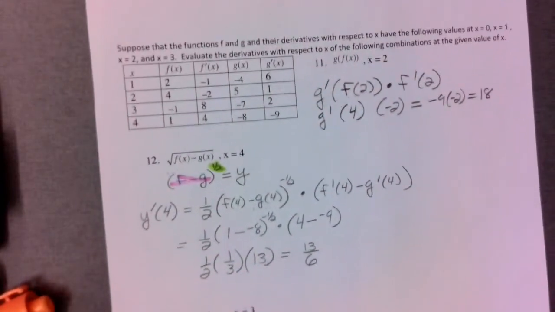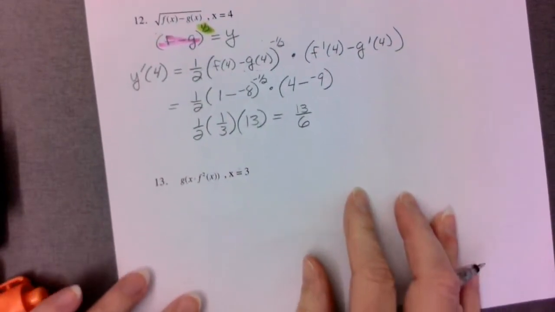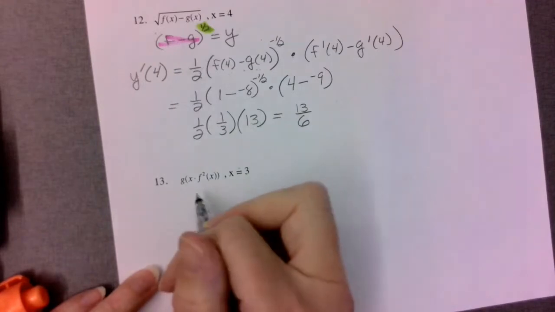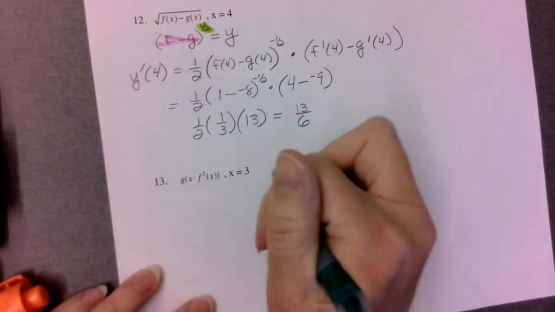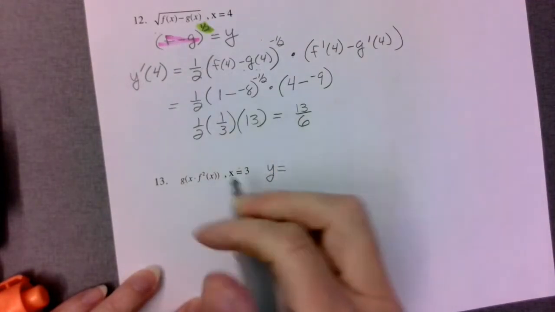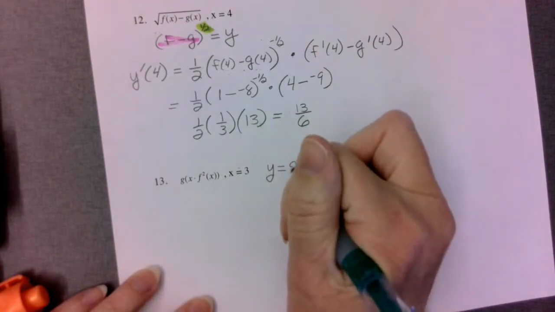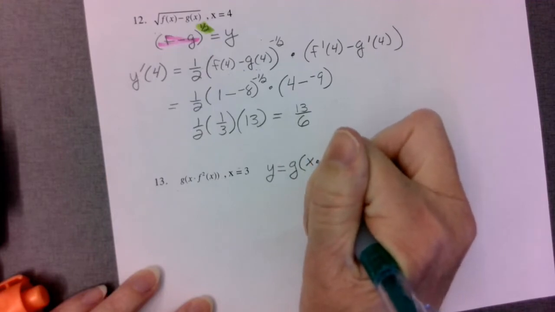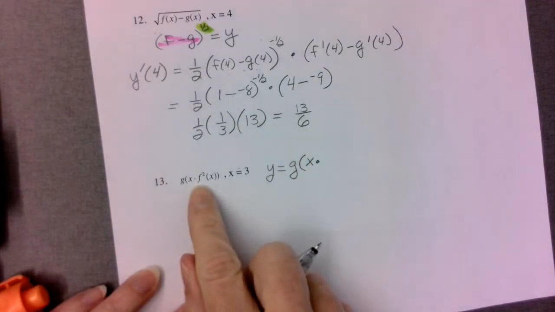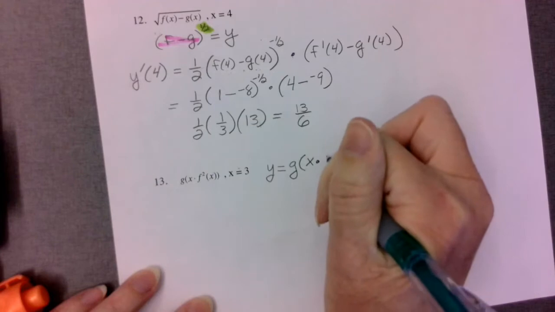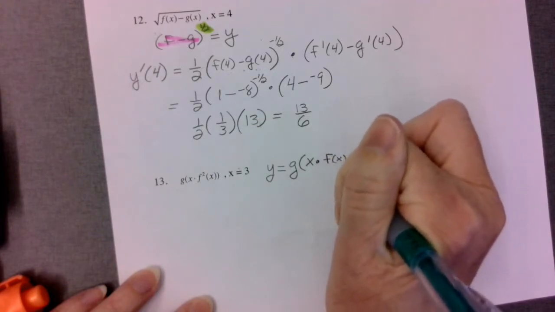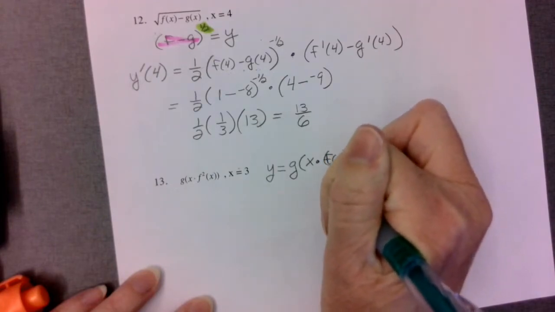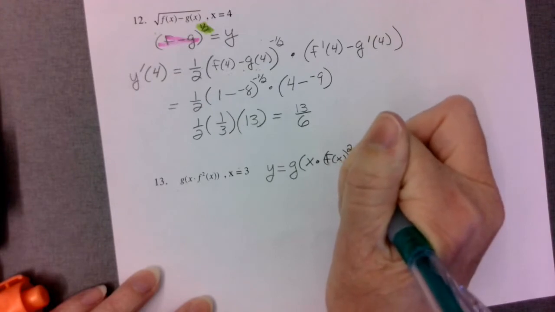Back down to our chart. We're going to do more work with the chain rule. This function g right here, y equals, I'm going to write it a little bit differently, g of x times, now this is squaring of f. So it'll be much easier in terms of derivatives if I say function f of x is being squared.